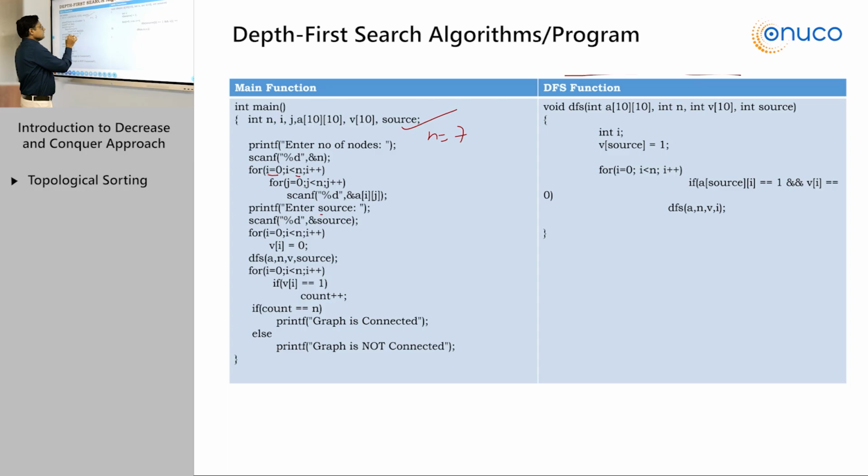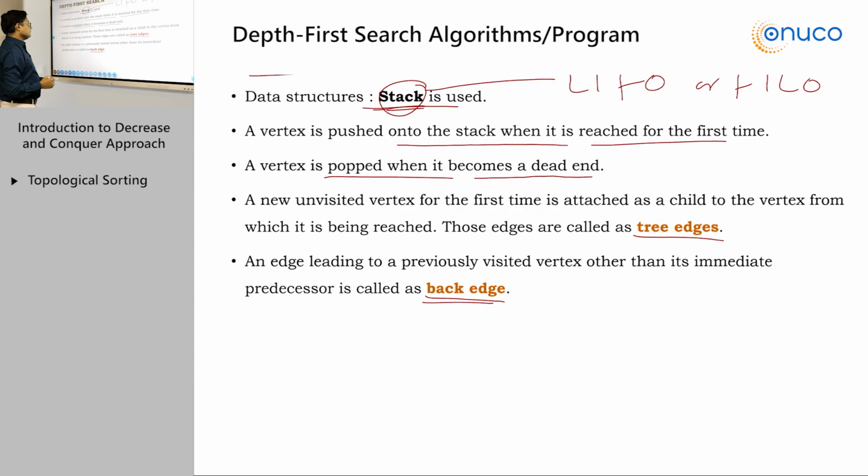Then we are asked to enter the source vertex, and for this we have entered A as the source vertex. So for this adjacency matrix, A is 0. 0 is the source vertex, right? So let us first write the adjacency matrix for the given example.